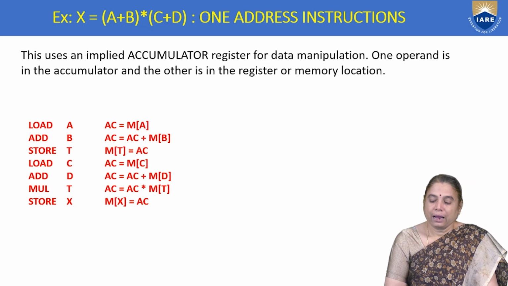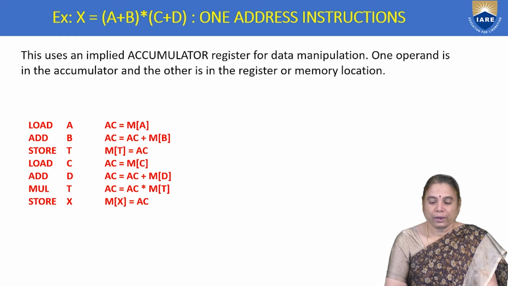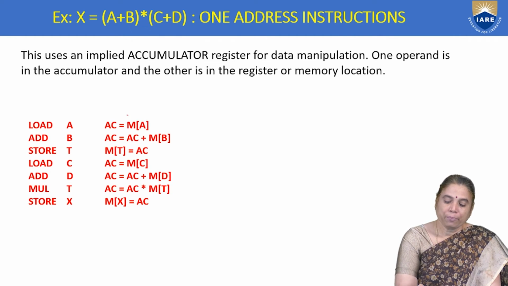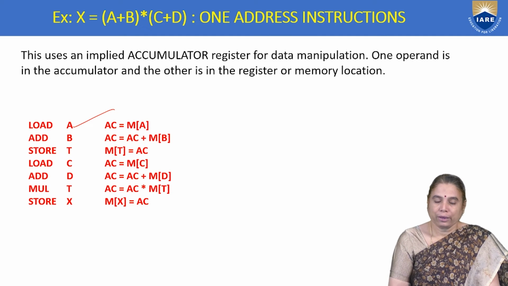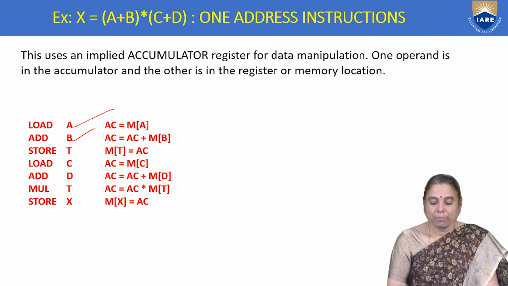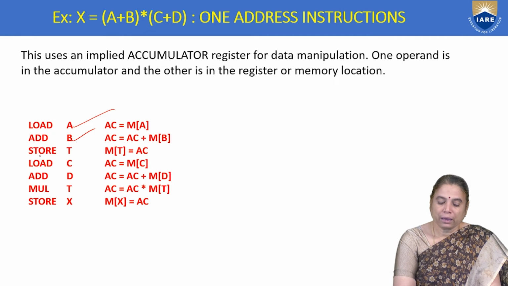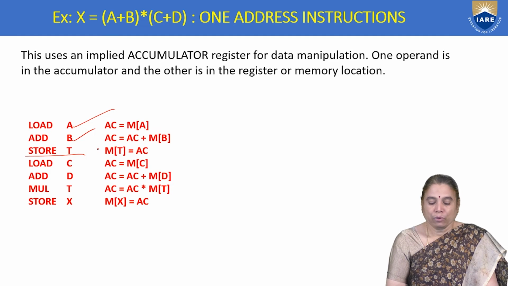Next is the one address instruction sequence. Generally, the accumulator based CPU organization is used for one address instructions. Here, one operand is stored in memory and the other uses the accumulator register. So, load A: first, the A operand is loaded to the accumulator. Add B: the accumulator value is added with the memory location B. Store T: A plus B is stored in the T location.